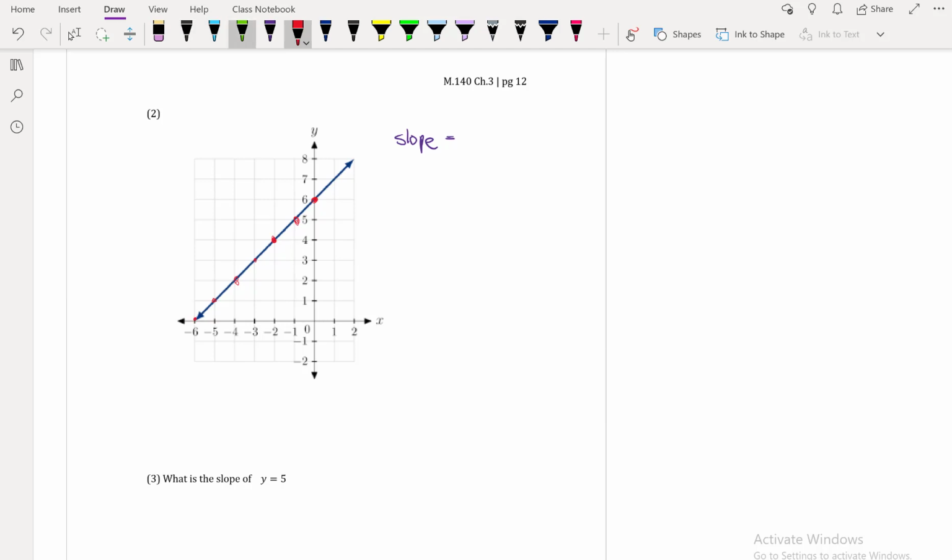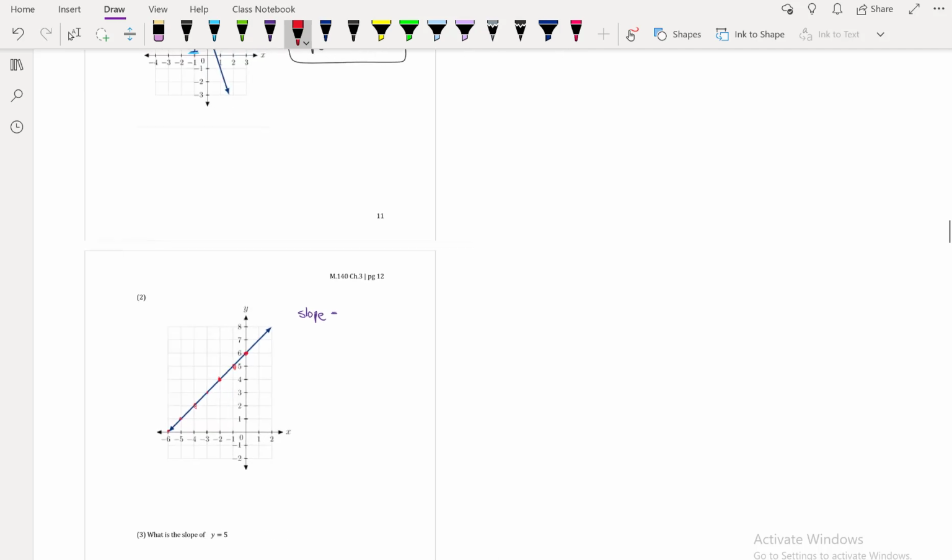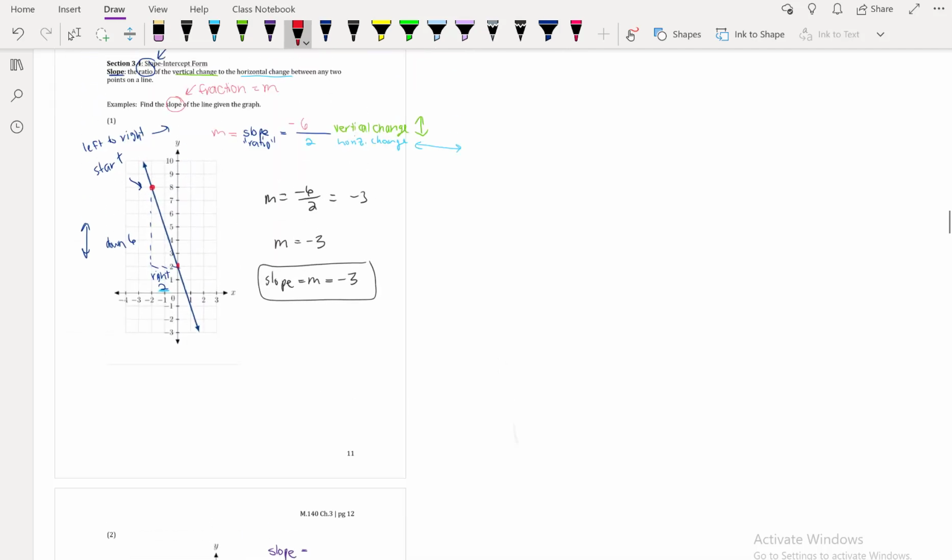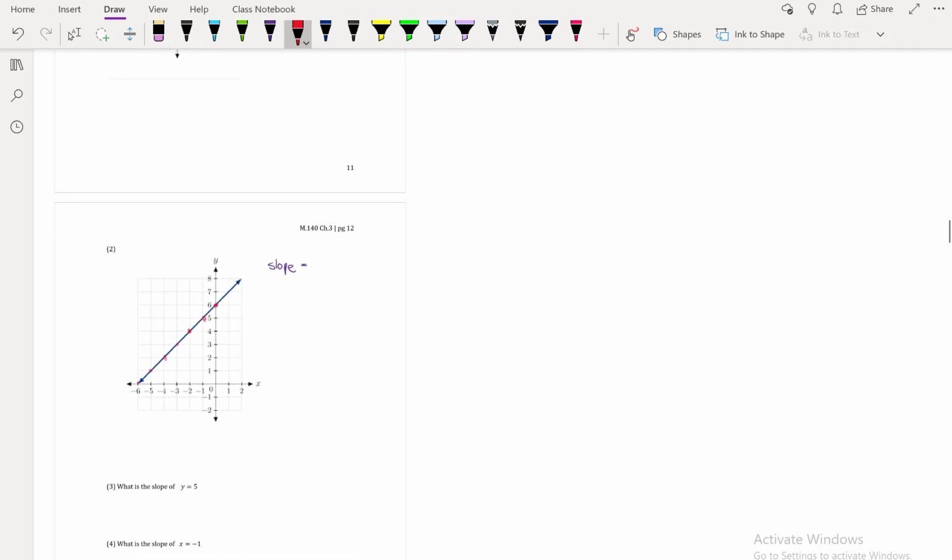Remember that our numerator, let me get my colors straight here, green and then blue, is going to be my vertical change, and then I have my horizontal change. Here I would go up to get to the next point, so it's a +1.